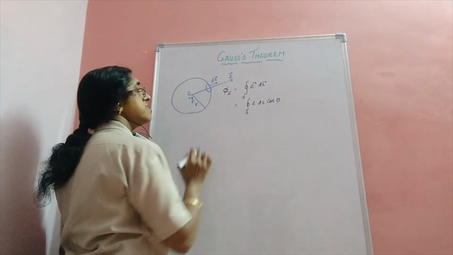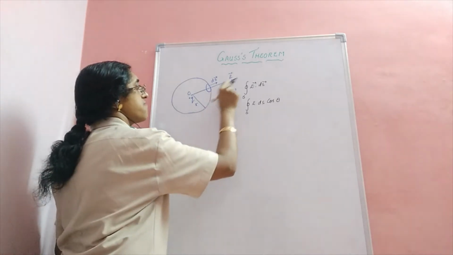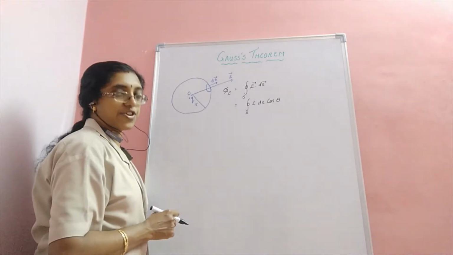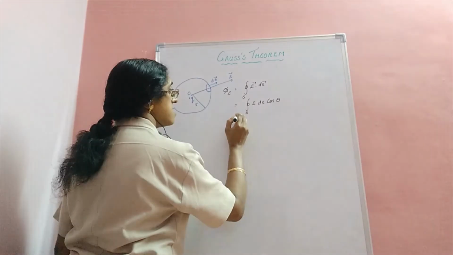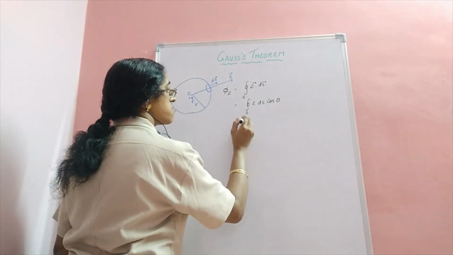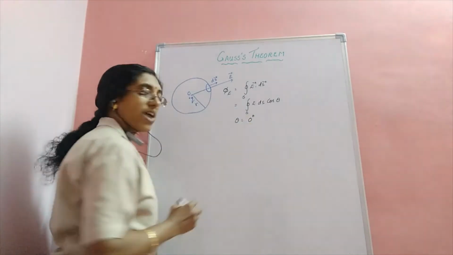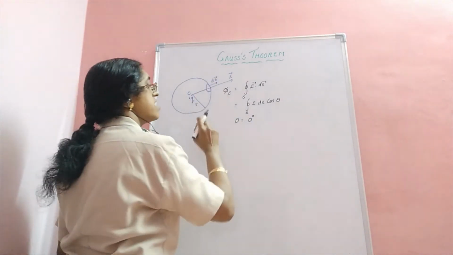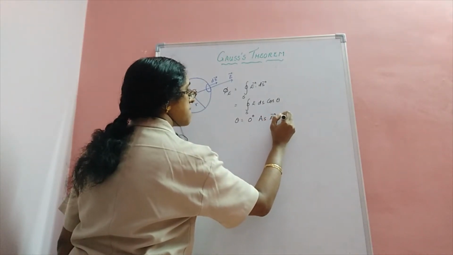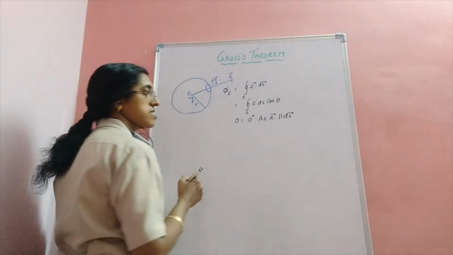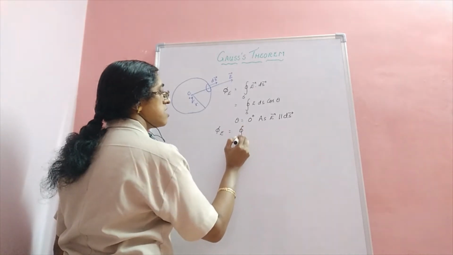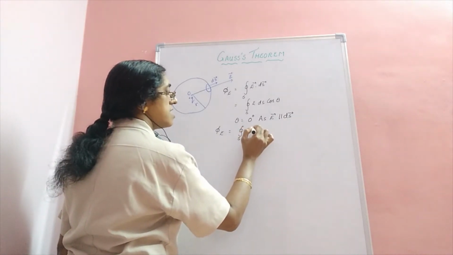Now, in this figure, the electric field line is in this direction, and the normal to the surface is parallel to the electric field lines, hence theta will be equal to 0 degrees. Why would it be 0 degrees? As E vector is parallel to ds vector. Hence, I can write flux phi E is equal to the integral over the closed surface of E ds.